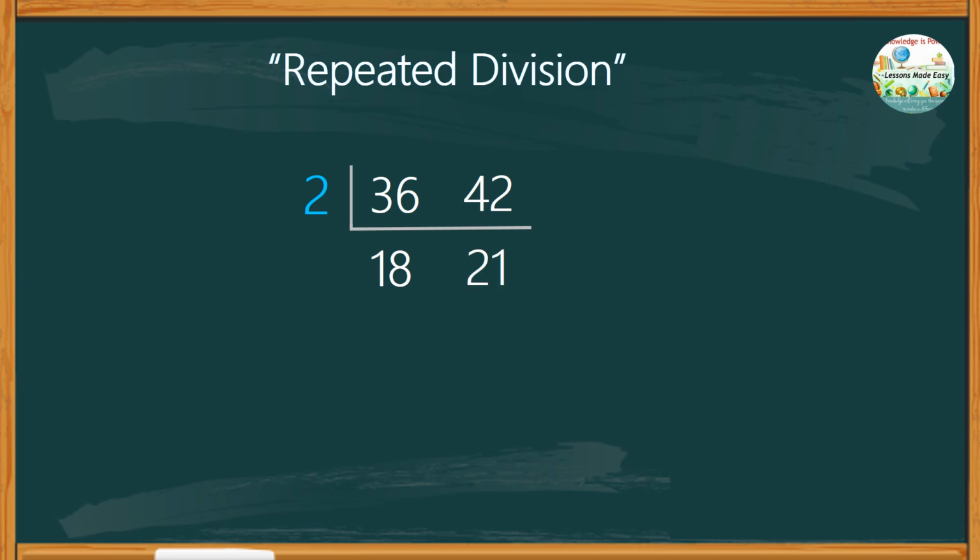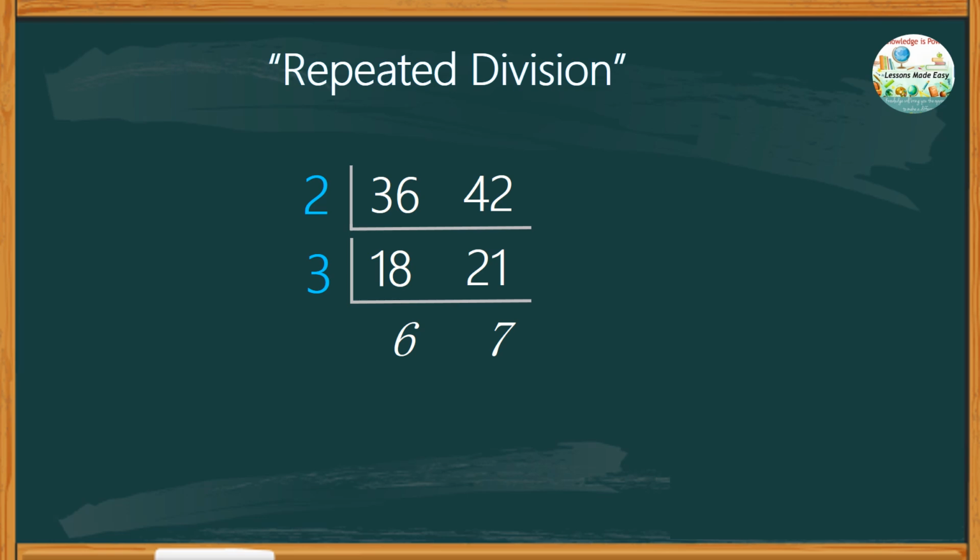18 and 21 can still be divided further. We can use 3. 18 divided by 3, we get 6. And 21 divided by 3, we get 7. However, there is no common number we can use to divide 6 and 7 that would give us an exact answer.